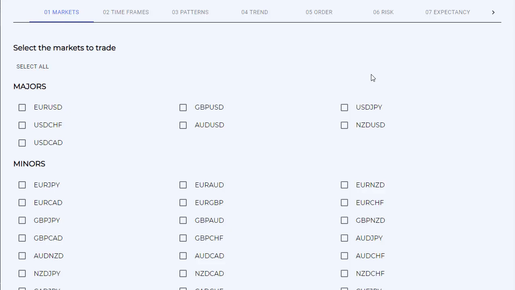Once I'm happy with the back test, I can run it live, and it will send me messages and say, right, do you want to take this trade? It's got XYZ win rate, risk reward of this, and then hit yes or no. If you hit yes, it will go straight through into your account and trade on your account for you. So it's sort of semi-automated.